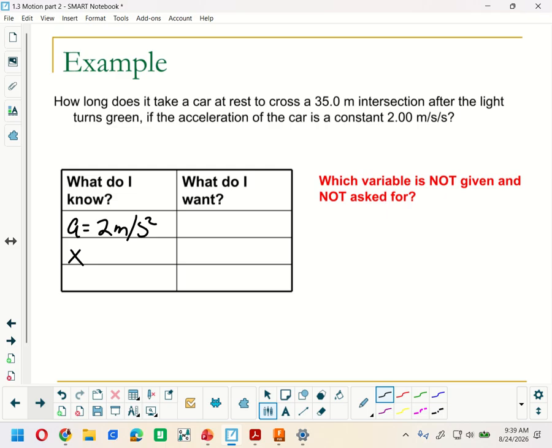X final, right? My delta X is 35 meters. Do you know what X initial is? Why is X initial 0? Starting at rest. Okay, if I'm starting at rest, what is my velocity? So that's going to be my initial velocity.